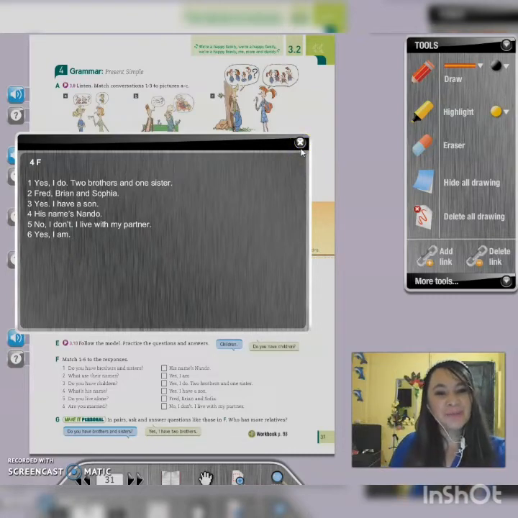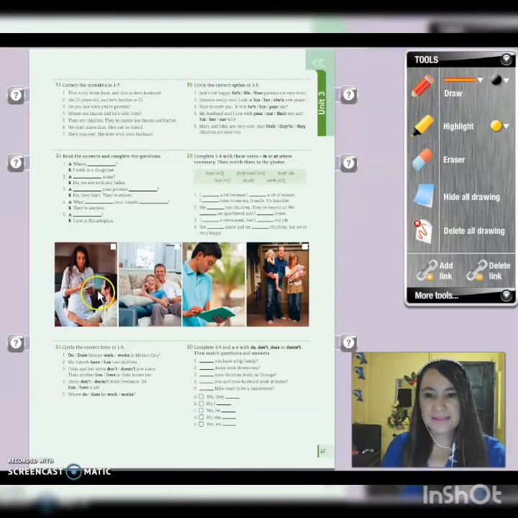Now we are going to continue with the last exercises for this class. These are the last exercises you have to complete. Page number 67 on your English ID. Page 67.